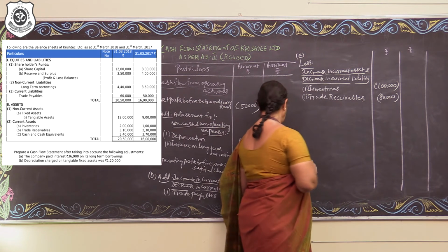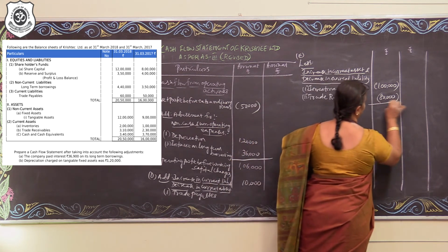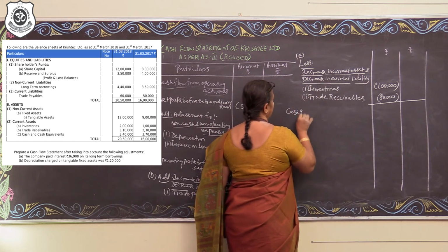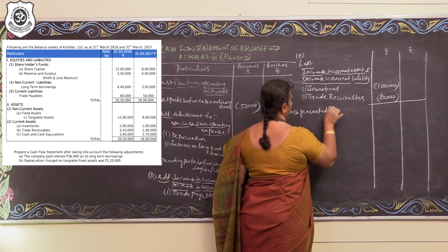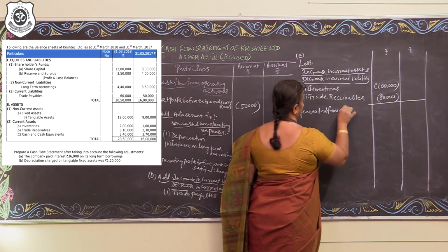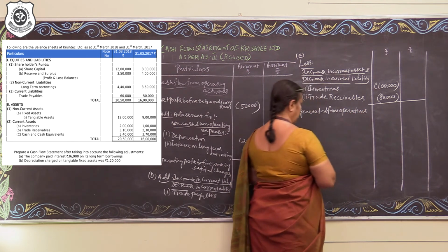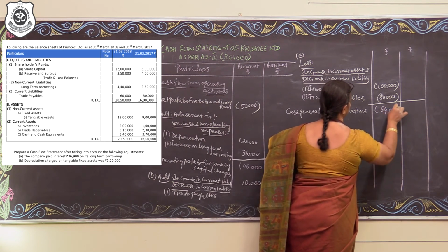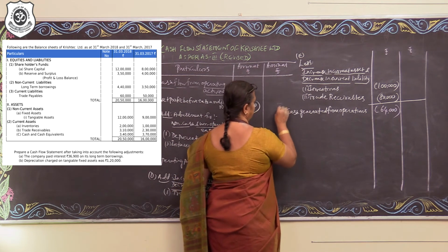So 1,80,000 minus 1,16,000, you will get cash generated from operations. Cash generated from operations to be unfavorable 64,000. This will be F.